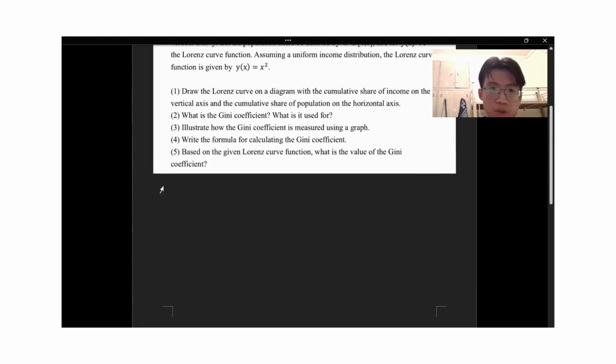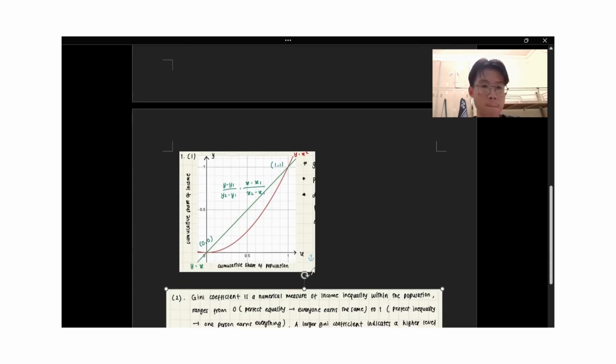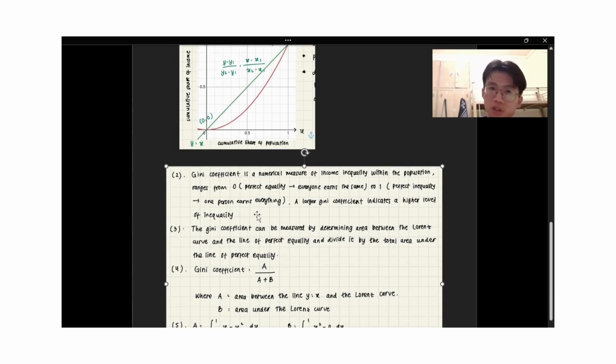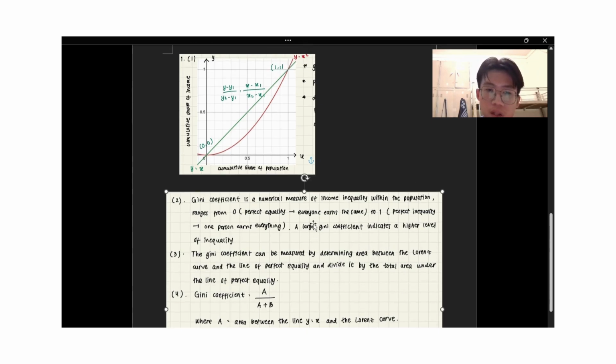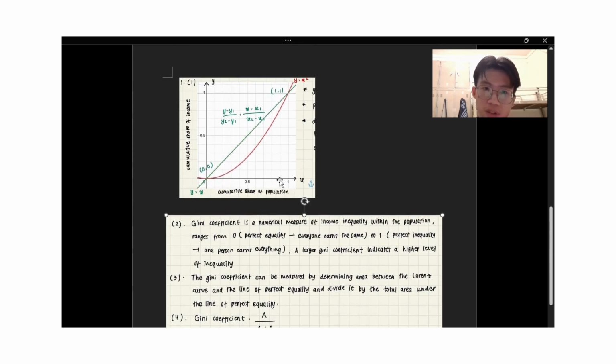Number 3, illustrate how the Gini coefficient is measured using a graph. The Gini coefficient can be measured by determining the area between the Lorentz curve, which is the same as the parabola, and the line of perfect equality, which is the green line, divided by the total area under the line of perfect equality, which is this.